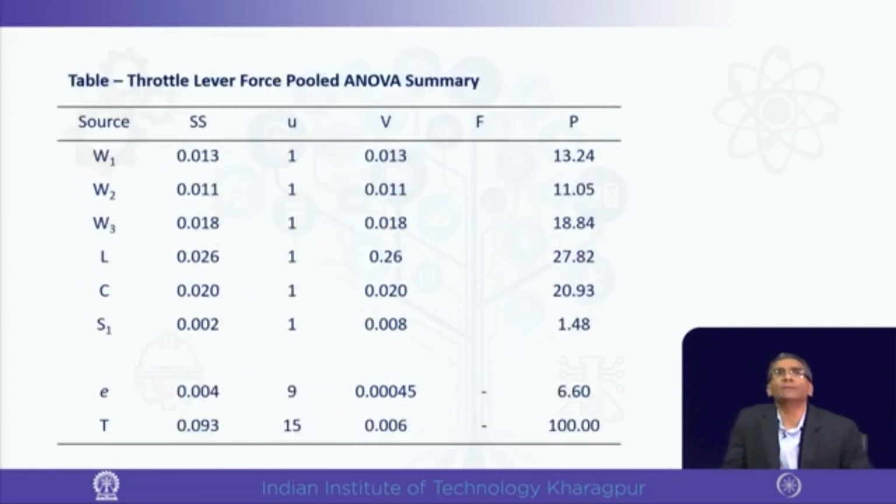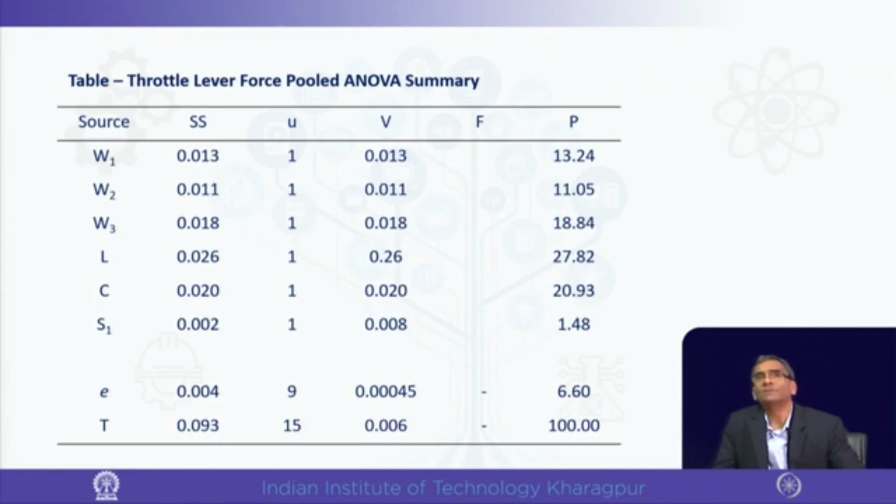So, rest all remains: washer 1, washer 2, washer 3, lever, casing and spring 1. So, this is what it is. Now again, the percentage contribution etcetera are recalculated, which you see in the last column.